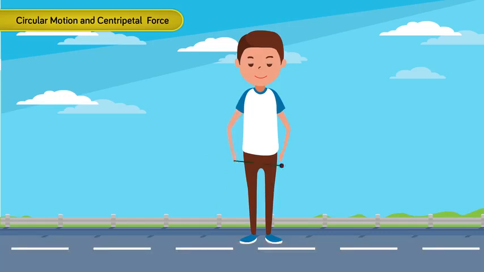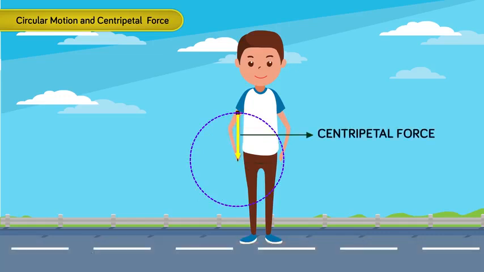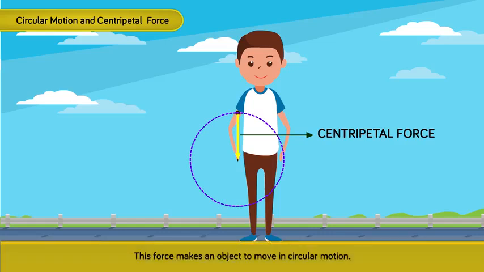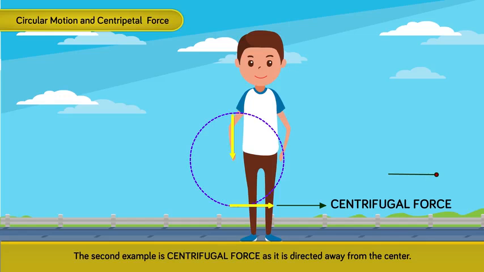As per the first example, the force is directed towards the center, so it is called centripetal force. Centripetal force is directed towards the center. This force makes an object move in circular motion. The second example is centrifugal force, as it is directed away from the center.